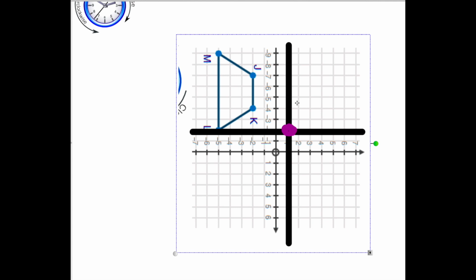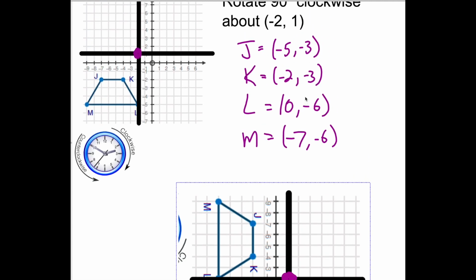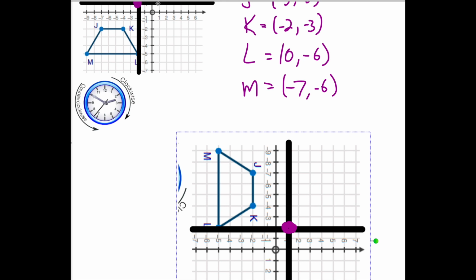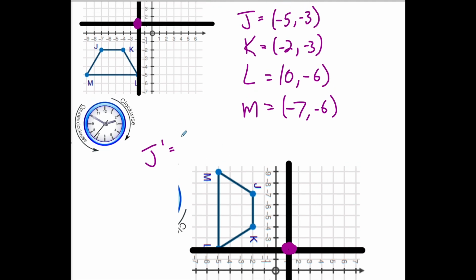So let's take a look. J, where has J moved to? New J is at -3, 5. Notice how it moved: the X flipped and the Y flipped.